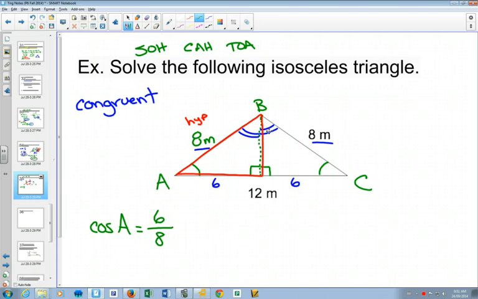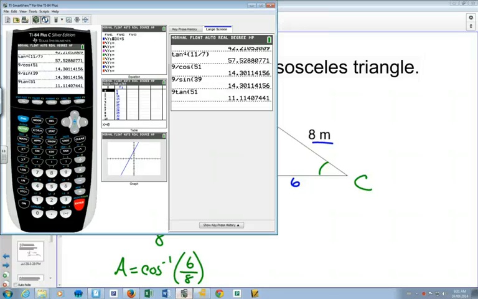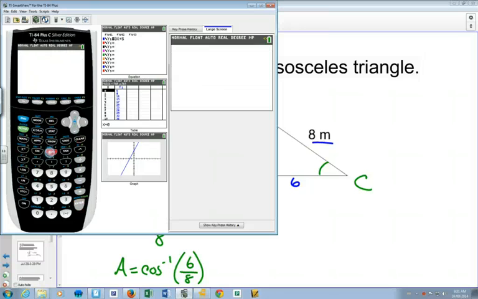In order to solve for angles, we're going to need to take cos inverse of both sides, because that's the opposite of cos. And we take out our calculator. Cos inverse of 6 divided by 8, 41.4.